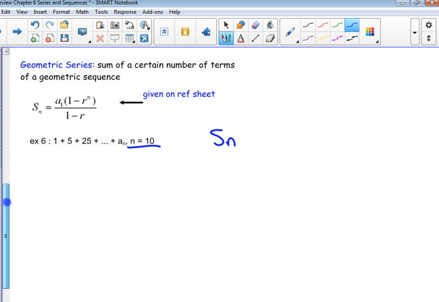So if you were going to use your formula, right, what's your A1, you think? 1, good. And then we have 1 minus. What's your ratio? What do you guys do each time? Good, so you times it by 5. Good job. Right, so it's going to be 5. Now your n is going to be 10. Oh, actually, it's not that bad to do this.